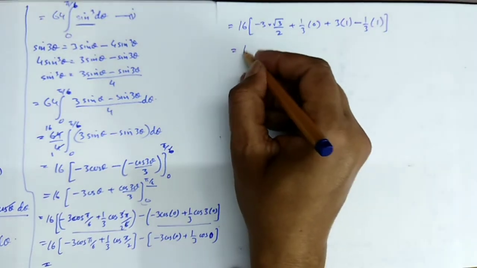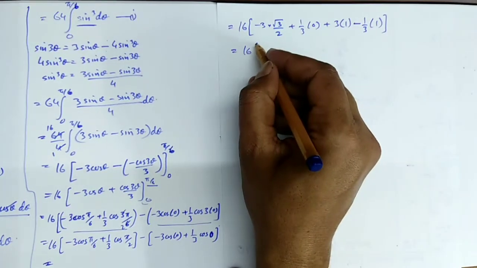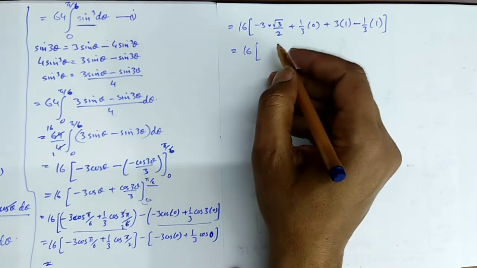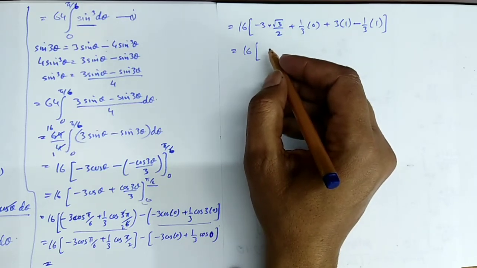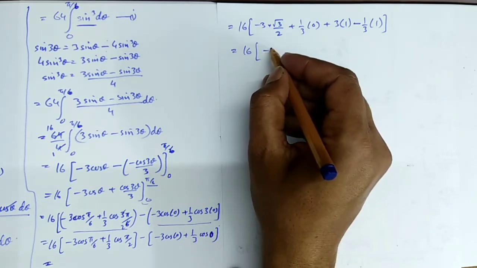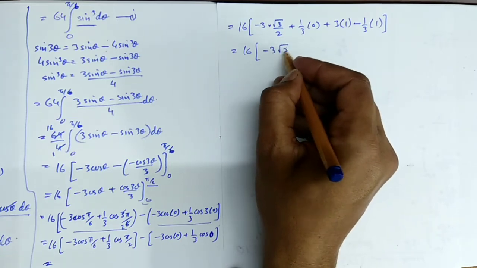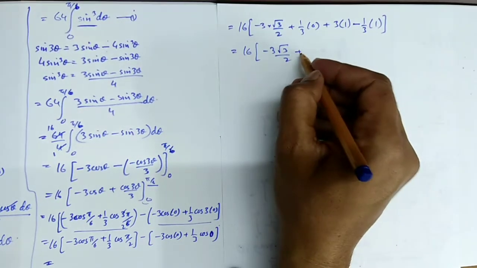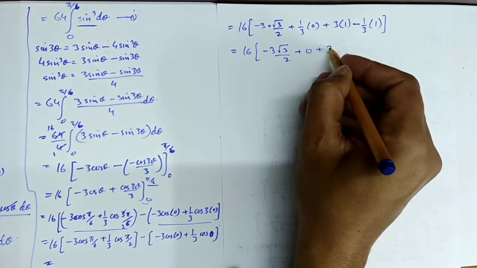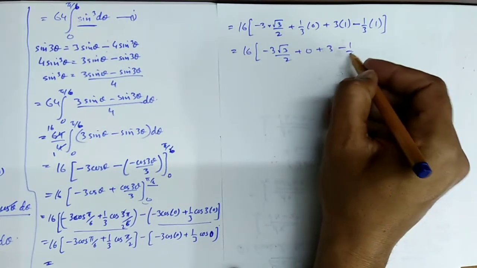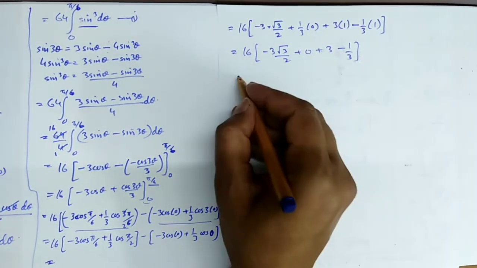So now solving this part, this will give me minus 3 under root 3 upon 2 plus 0 plus 3 minus 1 upon 3, right?